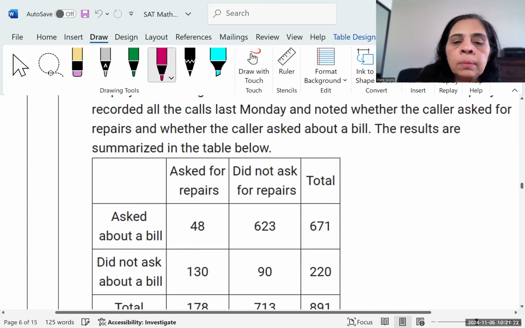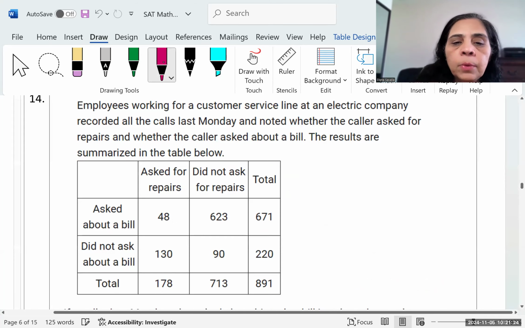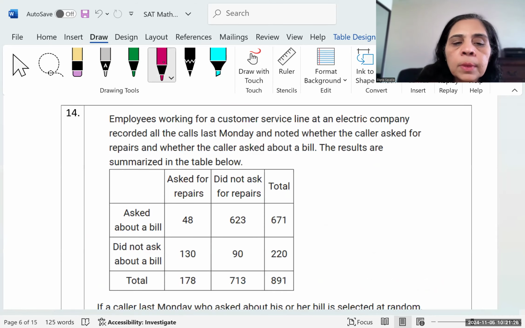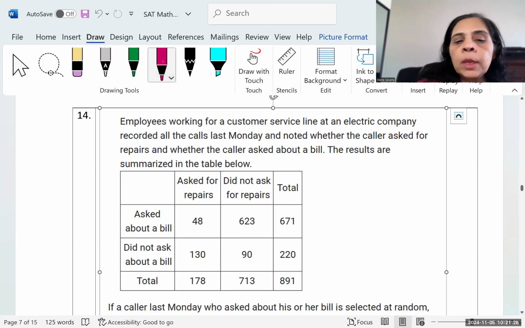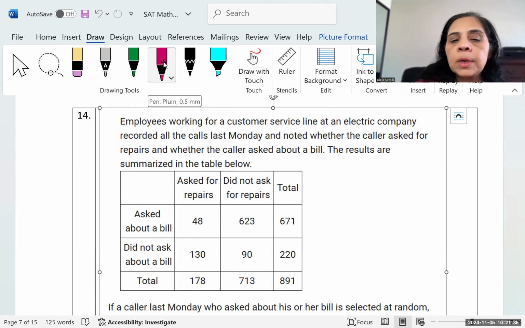Number 14. We have a table. So an employee working for a customer service, electric company recorded calls last Monday and noted whether the caller asked for repairs and whether the caller asked about a bill.